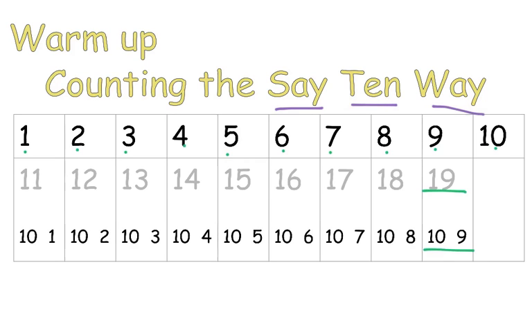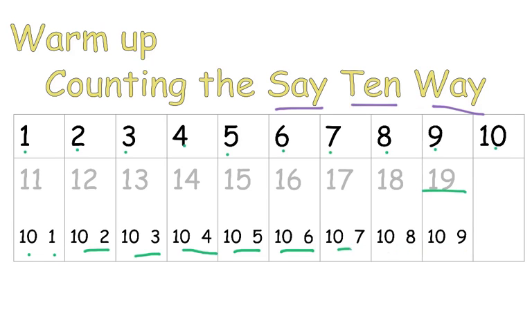Now we have 10, 1, 10, 2, 10, 3, 10, 4, 10, 5, 10, 6, 10, 7, 10, 8, 10, 9. So that is counting the say 10 way.